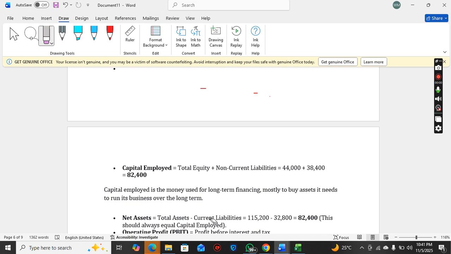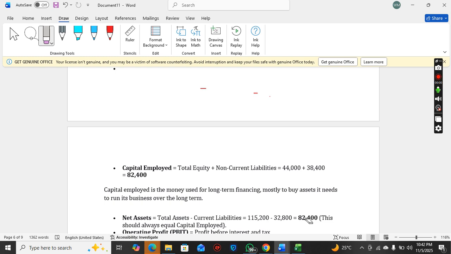Okay, so sometimes in some questions you might not see the total equity or non-current liabilities clearly, and if they ask you to calculate return on capital employed, you can just say, okay, I can find my net assets, that will be equal to my capital employed. So it's just your total assets minus your current liabilities, which you still get 82,400.